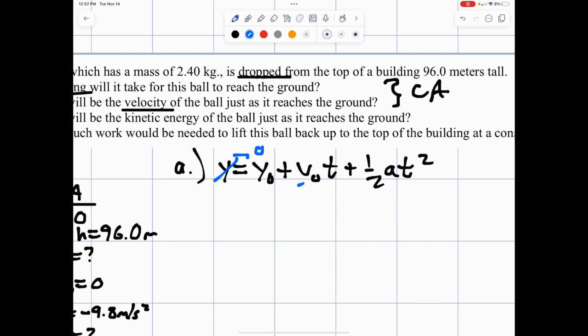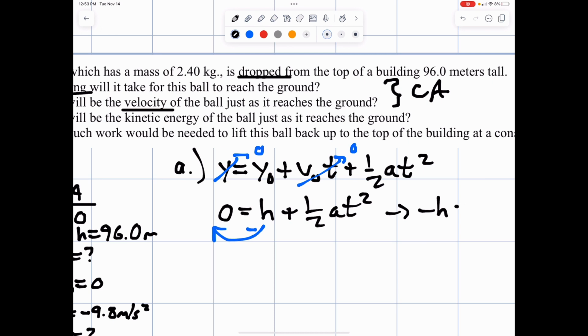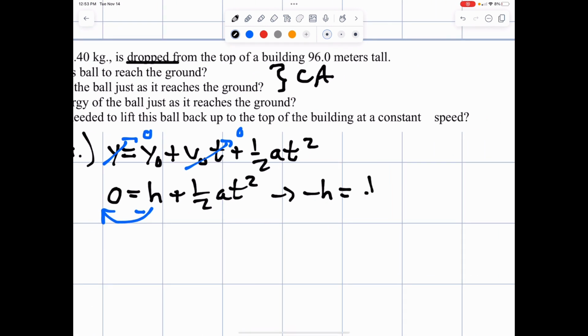Remember, y is 0, v naught t is 0, and so we get 0 equals the height plus 1/2 a t squared. So I'm going to subtract the h over to the left, and I get negative h equals 1/2 a t squared.